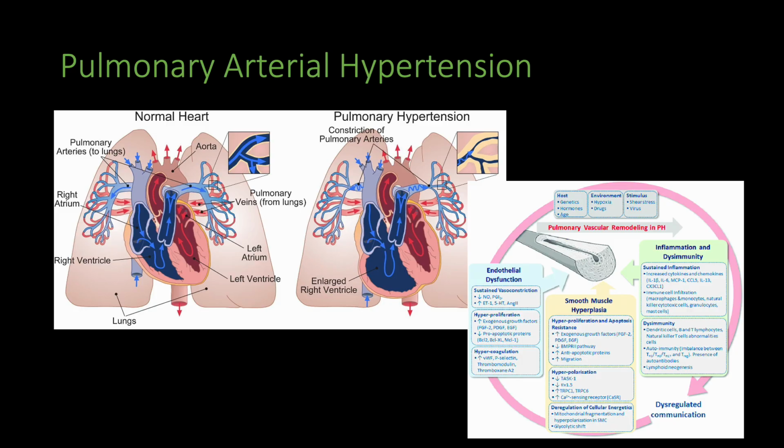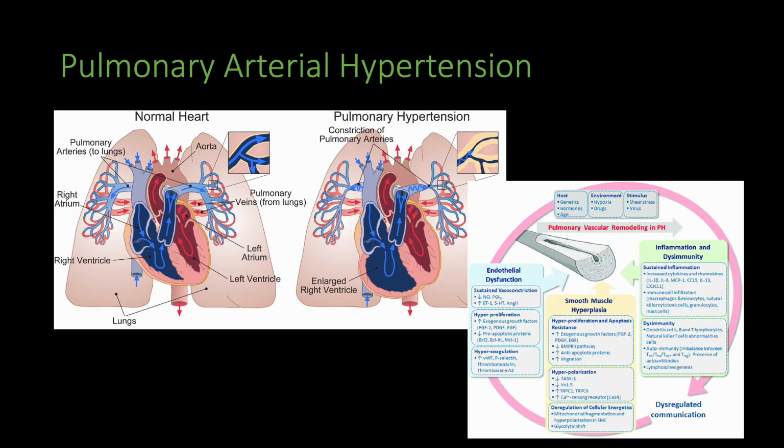And this other diagram is just to give you some information as to what's being affected here when there is pulmonary arterial hypertension involved, or high blood pressure in the heart, of the smooth muscle.